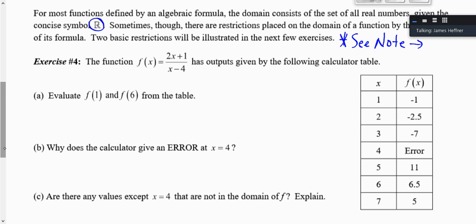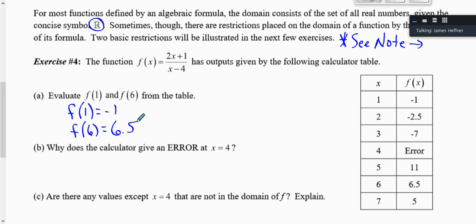You've all done that on your calculator, okay? They want us to evaluate f of 1 and f of 6. So looking at that table of values, what does f of 1 equal? -1. -1. And what does f of 6 equal? 6.5. 6.5. Good enough, right?